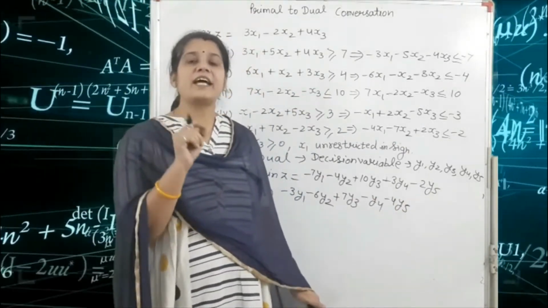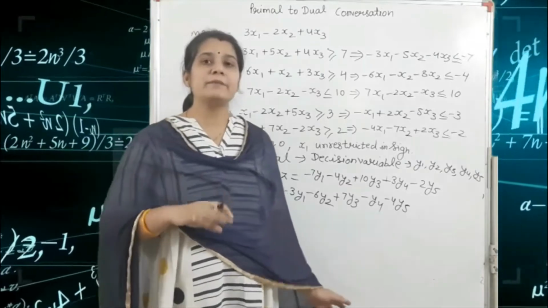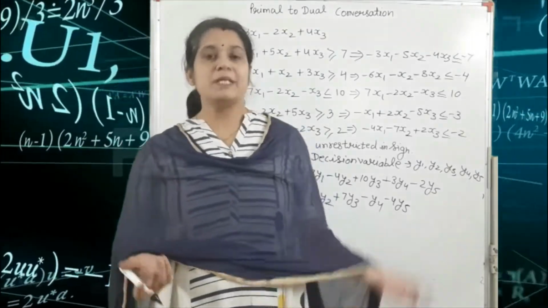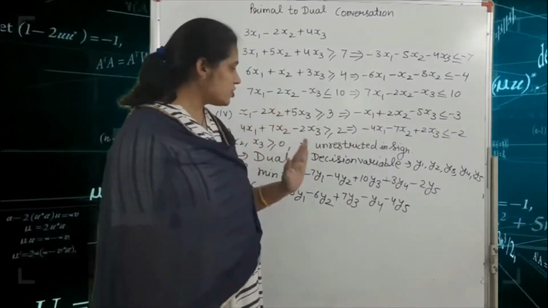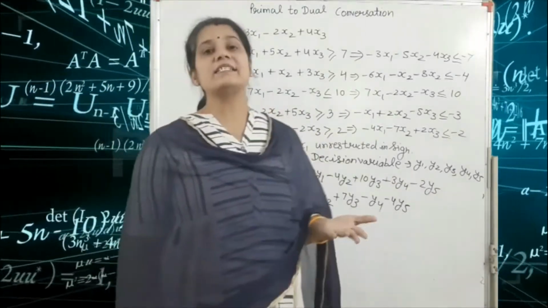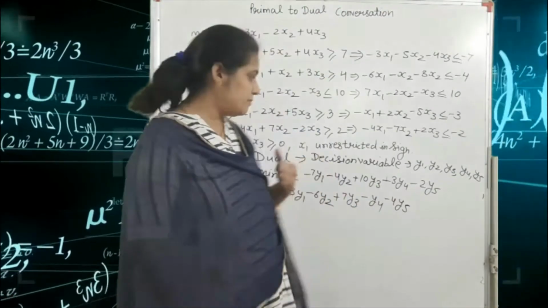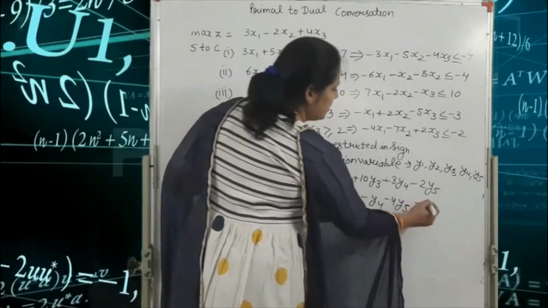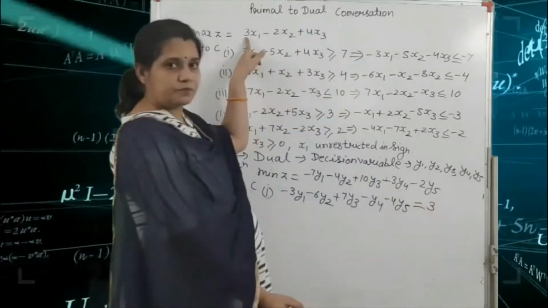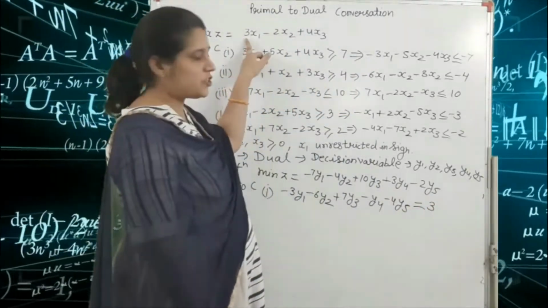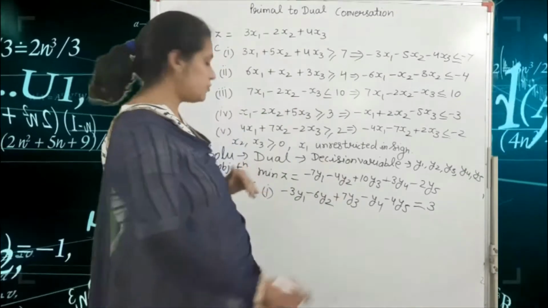Here we write whether the inequality is less than equal to type, greater than equal to type or equal to type. So again, read your question carefully. According to your question, x1 is unrestricted in sign. That means we write here the equal to type. Okay, and your coefficient is 3, because your objective function converts into the subject to constraint equation.